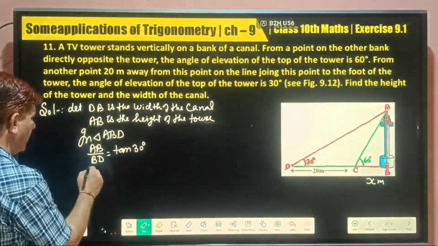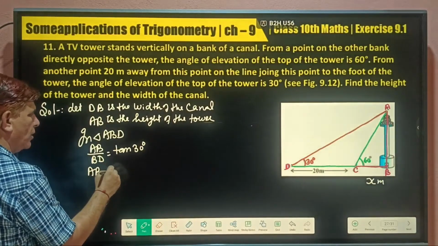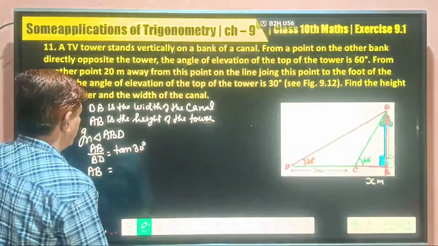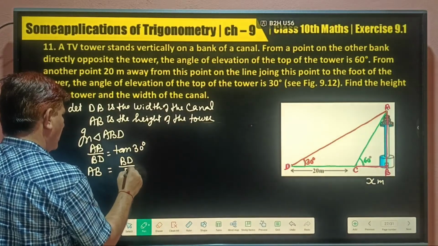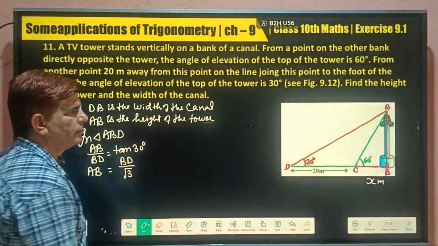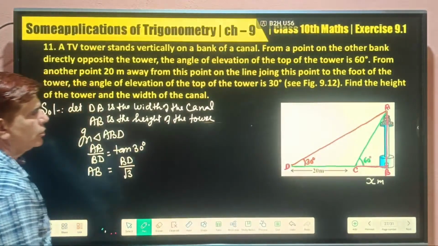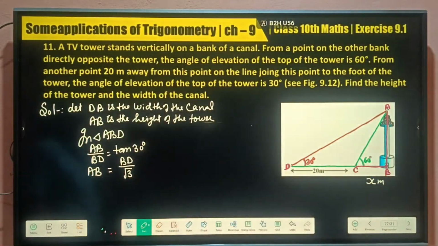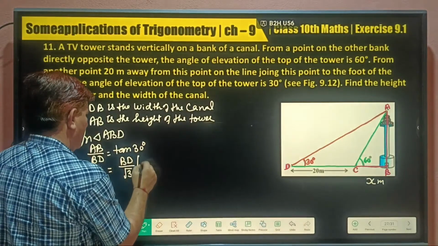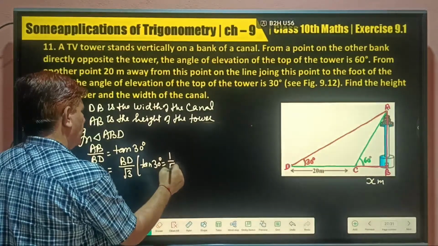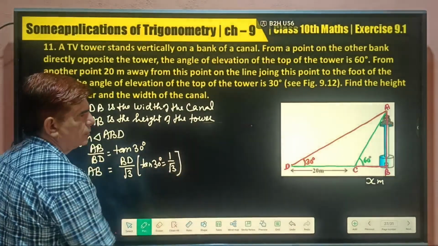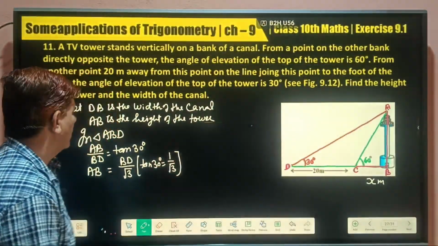So AB is equal to BD by under root 3. Why? Tangent 30 degree is equal to 1 by root 3. Understood?